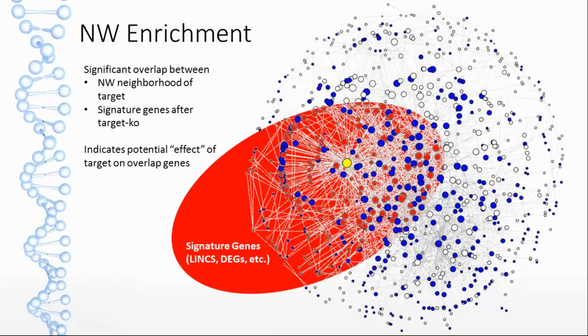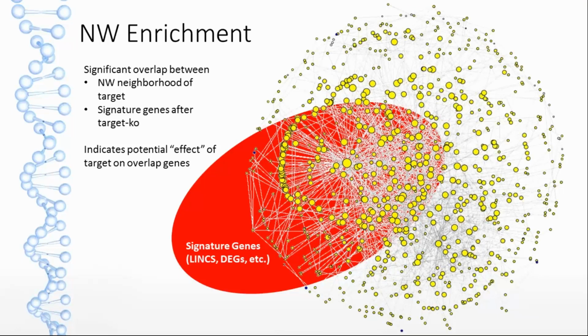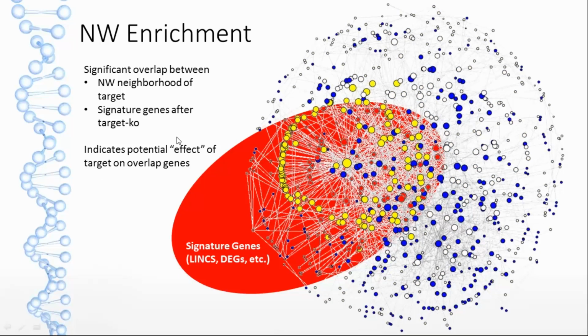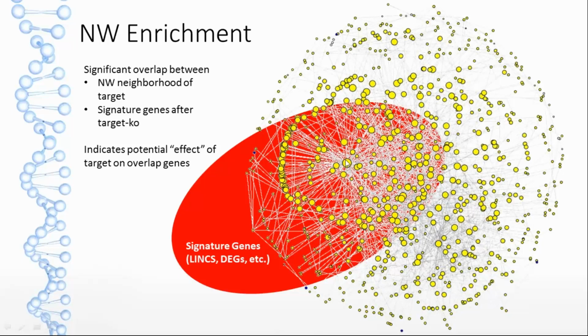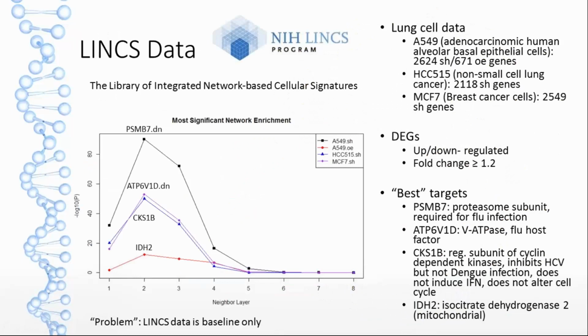It works pretty nicely, and it is a way to identify and predict the potential effect of the target on the overlapping genes in the neighboring network. So what we did, we used the LINCS data set. As I said, they are rather useful. They have to be matched, or at least we tried to match them, with our gene expression data set.